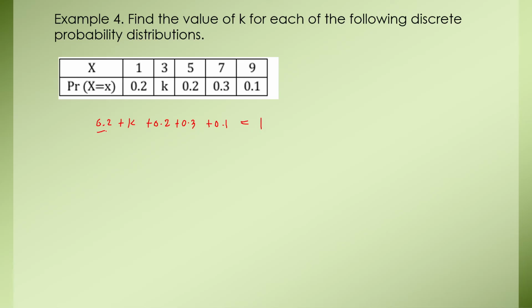So 0.2, 0.2, 0.3, and 0.1 make 0.8, plus k is equal to 1. So k is equal to 1 minus 0.8, so k is equal to 0.2. So the value of k is 0.2 to make it a discrete probability distribution.